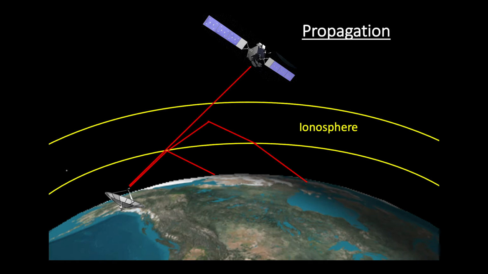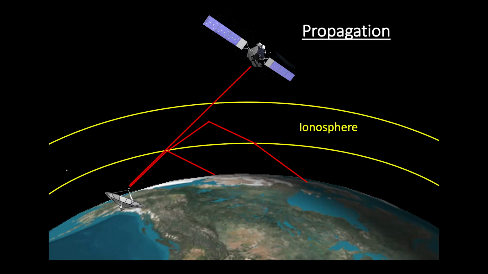So AM radio, it goes up, it hits the ionosphere, and it goes right back down to Earth. And if you hit it right, you can listen to the Chicago station all the way to Nebraska, AM. FM radio occurs at a much higher frequency in the megahertz, and it can punch its way through.